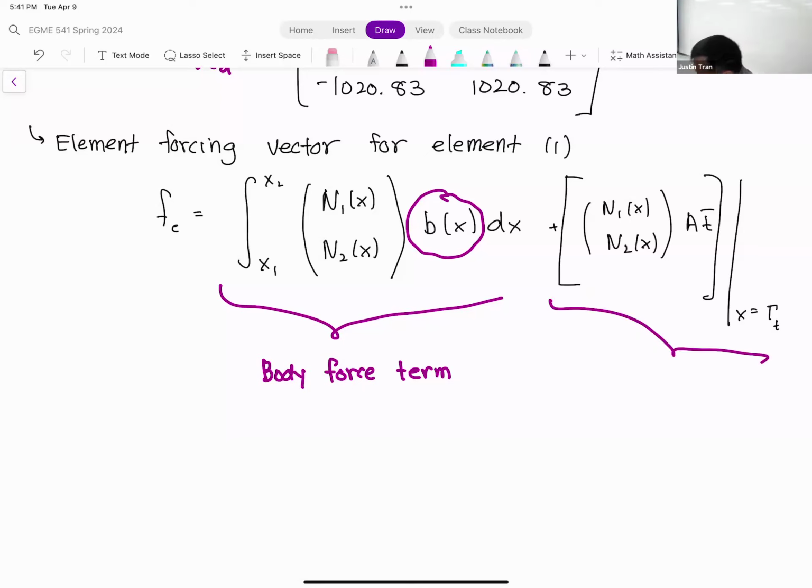The other term that we have here is the Neumann boundary condition term. Any kind of loads or forces get evaluated in this term.